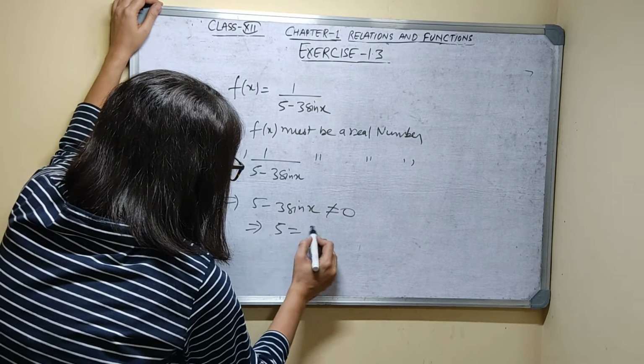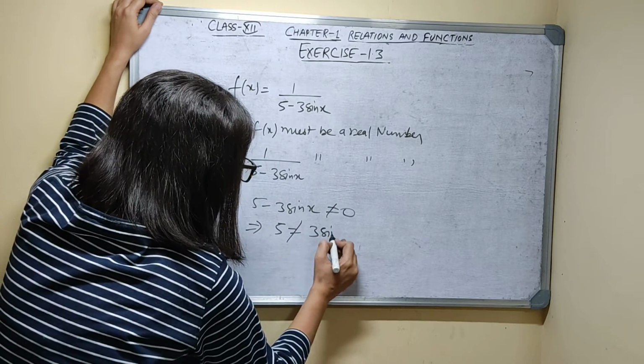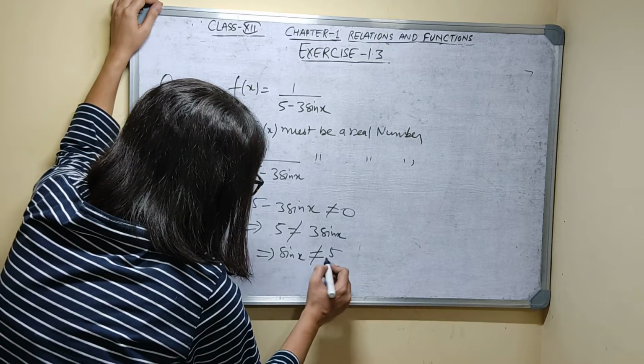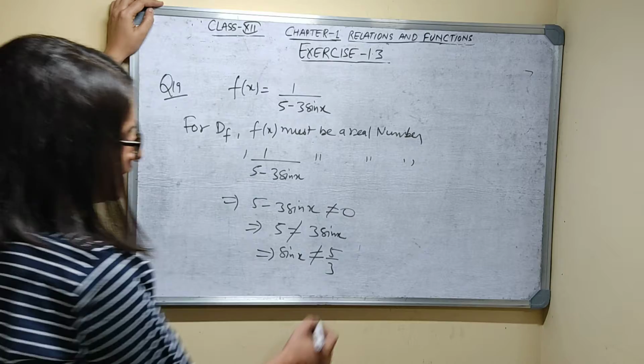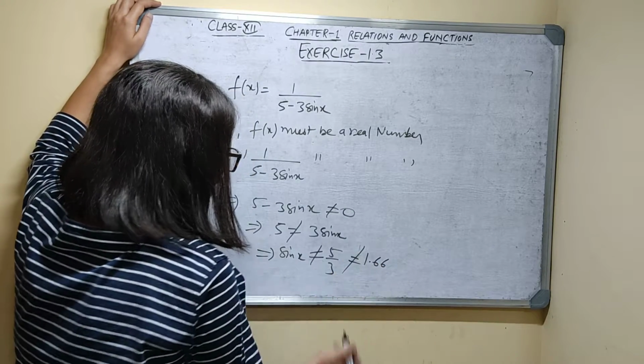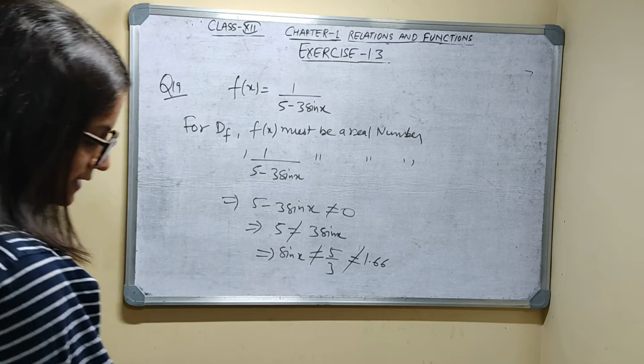It means 5 is not equal to 3 sin x, or sin x is not equal to 5/3. 5/3 is equal to 1.66 something.